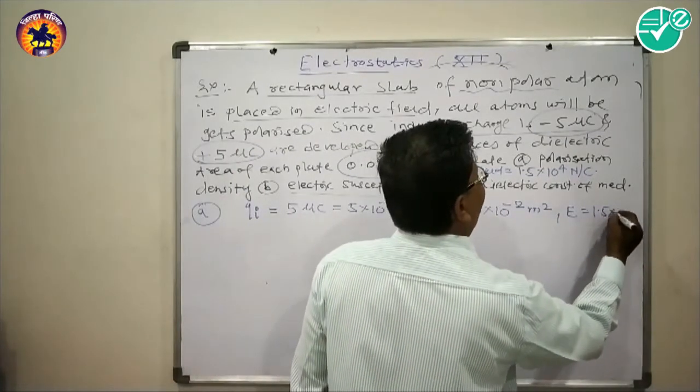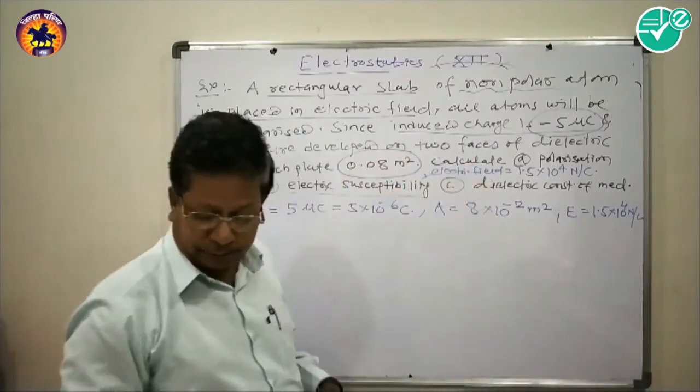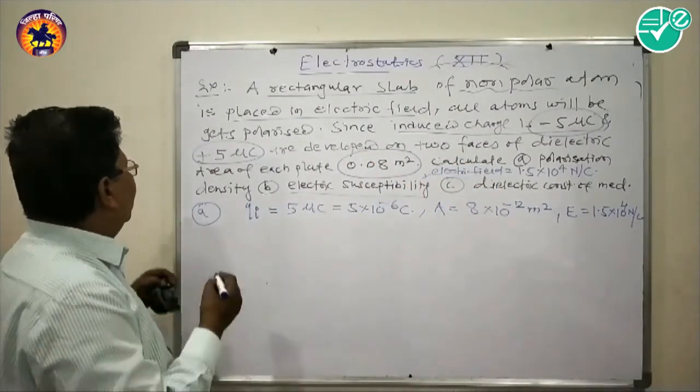So E is also provided. E equal to 1.5 into 10 to the power 4 Newton per Coulomb.